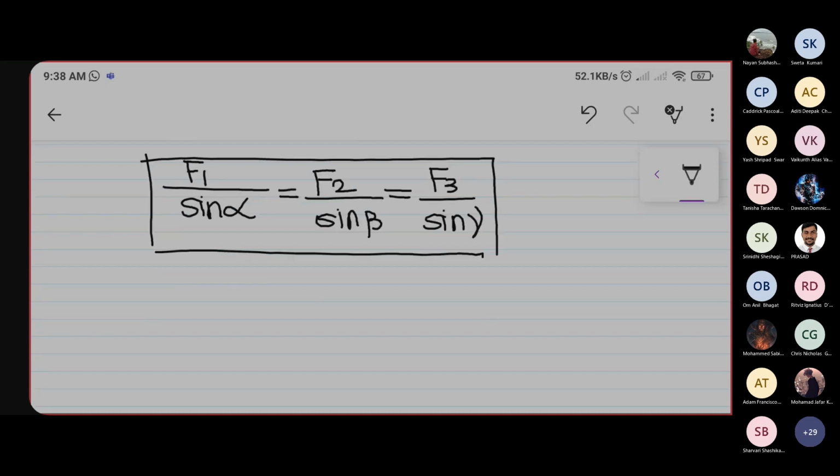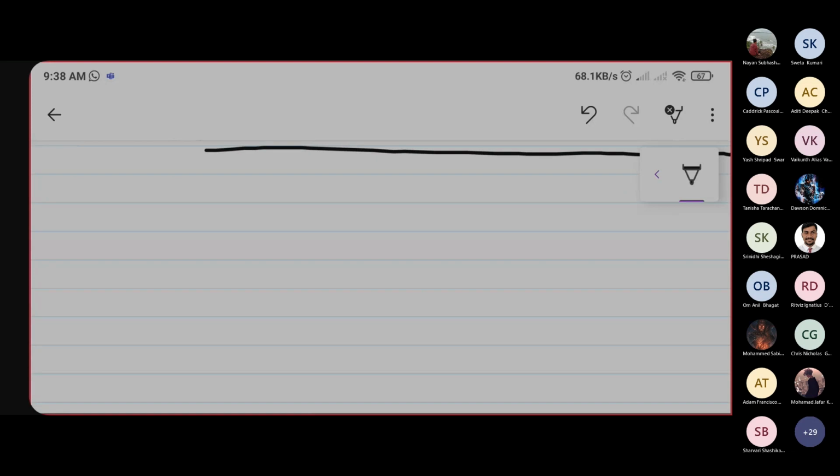Now we have another note. Always, everyone, we have to remember in life as an engineer.